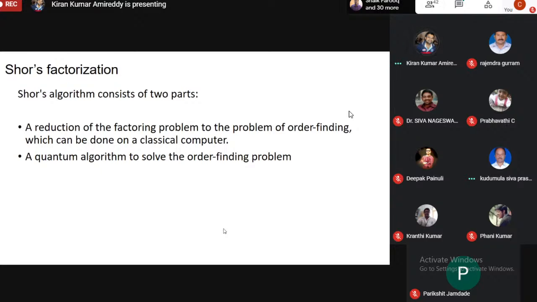IBM and Microsoft recently demonstrated factorizing the number 15, giving 3 and 5. These are the two factors. Within a short span of time, it will give the factors for that 15. In 2015 or so, they developed this for factorizing.